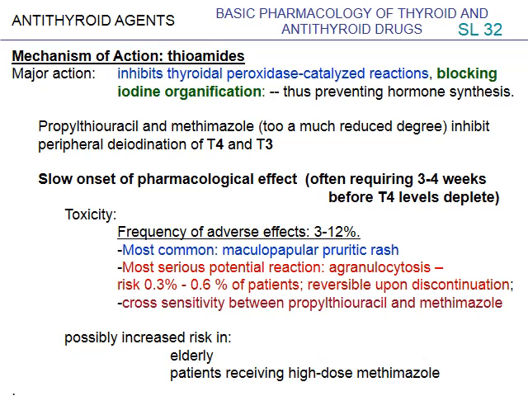Potential for granulocytosis is seen in people who are taking thioamides, which is reversible upon discontinuation. And although there was some speculation that there may be cross-sensitivity between propylthiouracil and methimazole, recent studies have ruled that out. People who are possibly at increased risk of the toxicity of thioamides are the elderly or those receiving high-dose methimazole.